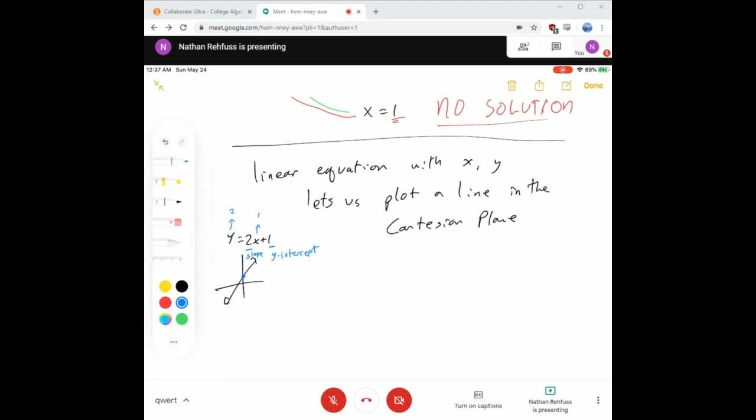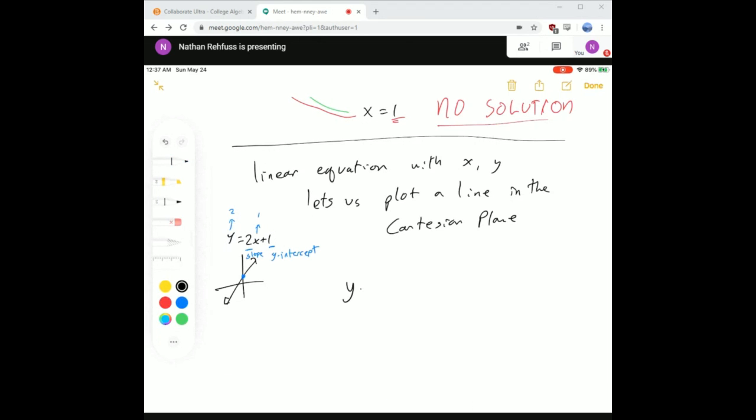For that reason, whenever I have an equation that looks like this, y equals mx plus b, m and b are going to be parameters. They stand for numbers here. m is the slope, and b is the intercept. So we call this, well, not very creative, is it?